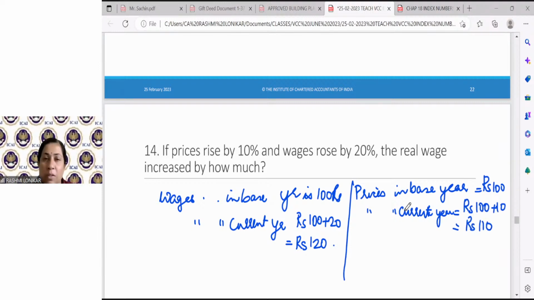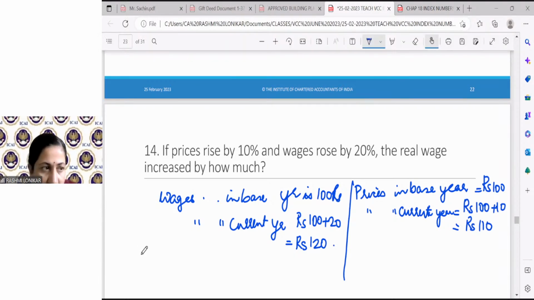Okay. Means what? Even though it seems like my wages have risen by 20%, actually because of rise in prices, 10 out of the 20 rupees is going to go to compensating for the inflation. So the real wage rise will be how much?